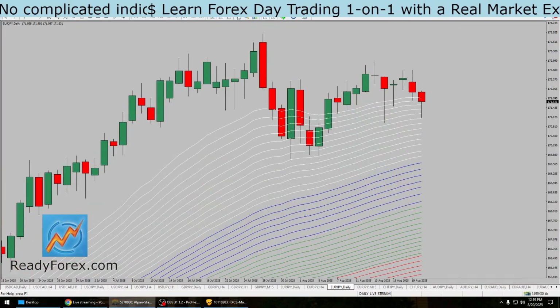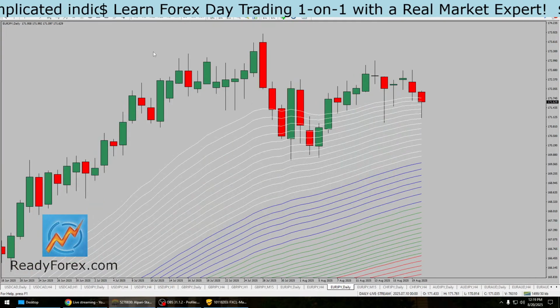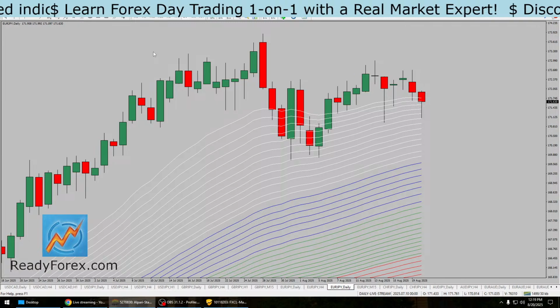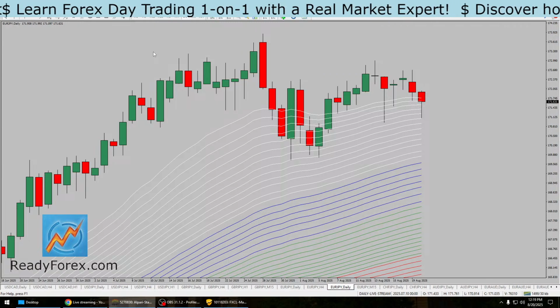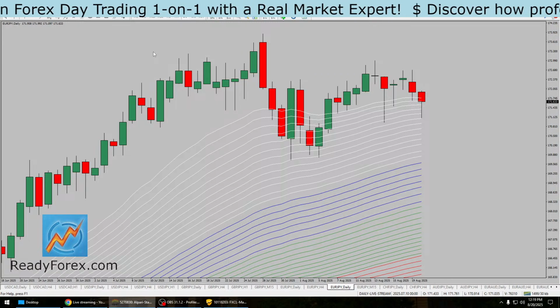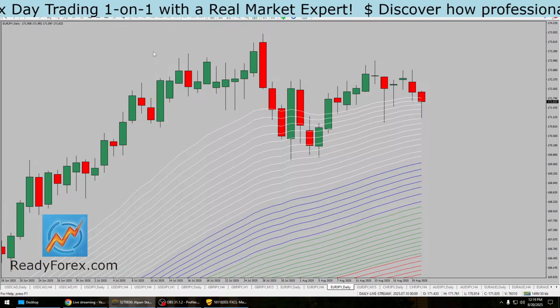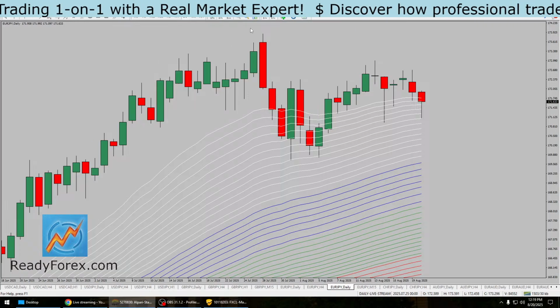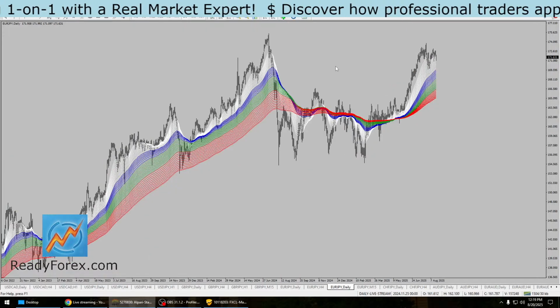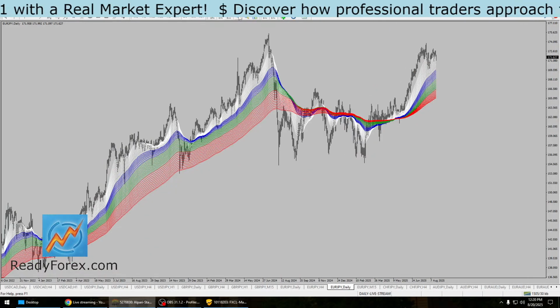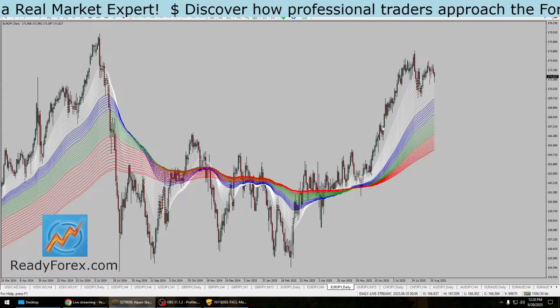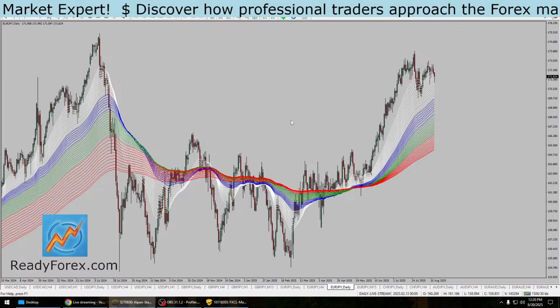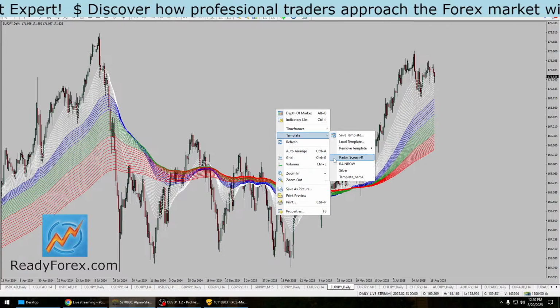Let me zoom in a little bit. Okay, it looks quite possible that the euro is going to rise or at least go sideways a little bit, so I would prefer not to touch this pair.